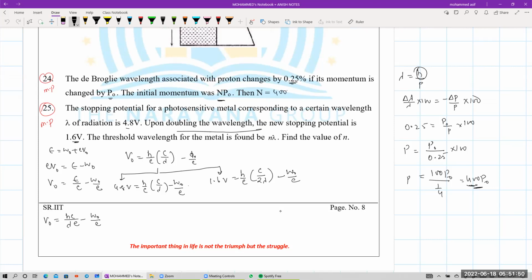Two equations to solve: equation 1, and this one is equation 2. What you can do is subtract 2 from 1. So it is 4.8 minus 1.6, that is 3.2 volt, which is equal to h by e into c by 2 lambda, because the remaining will get cancelled. So from this I can write the work function value.